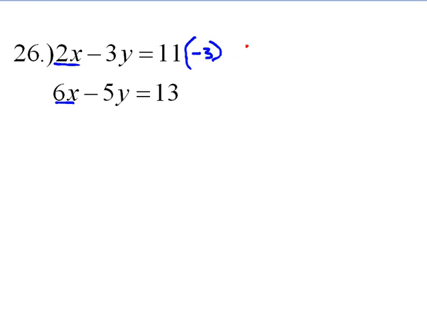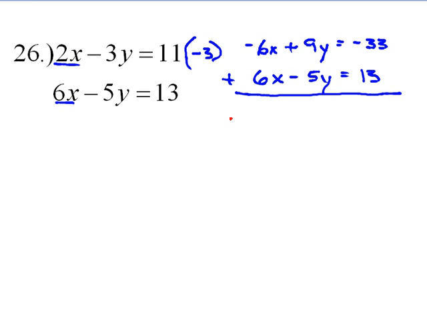So what do we end up with? Negative 6x plus 9y equals negative 33. Now we don't need to do anything to this bottom equation, so we'll just rewrite it. 5y equals 13.